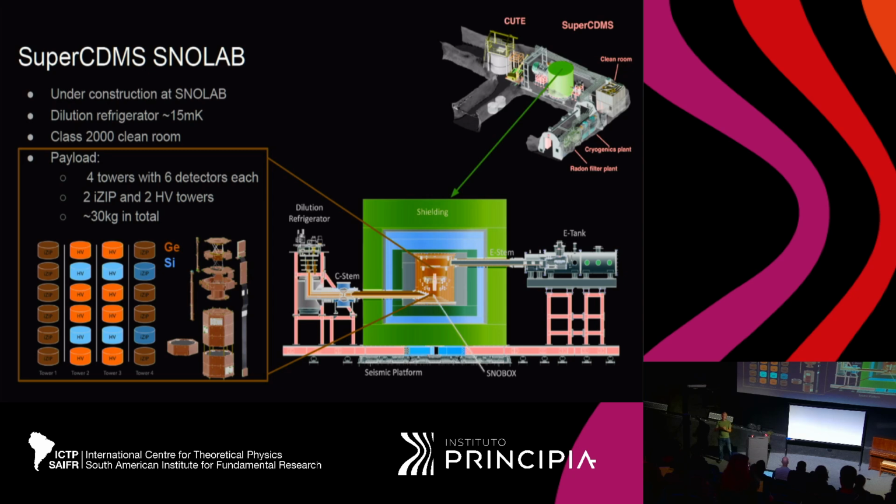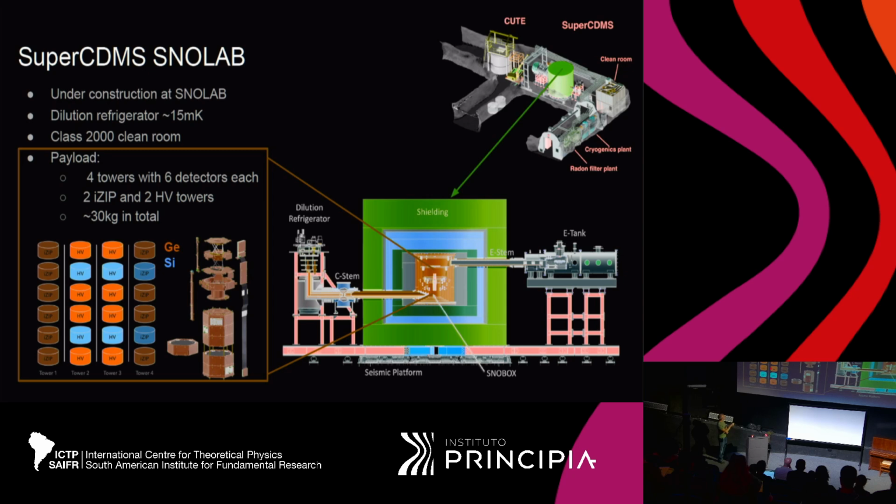Because here you need the materials to be semiconductors, and there is a limited range of options there. Germanium and silicon are the best understood and the ones that industry has the knowledge to produce. There are other possibilities, but these are by far the two easiest ones, the main ones.